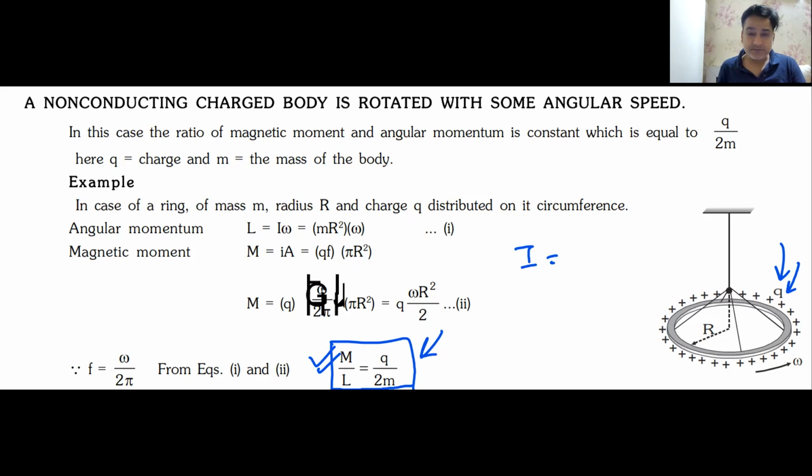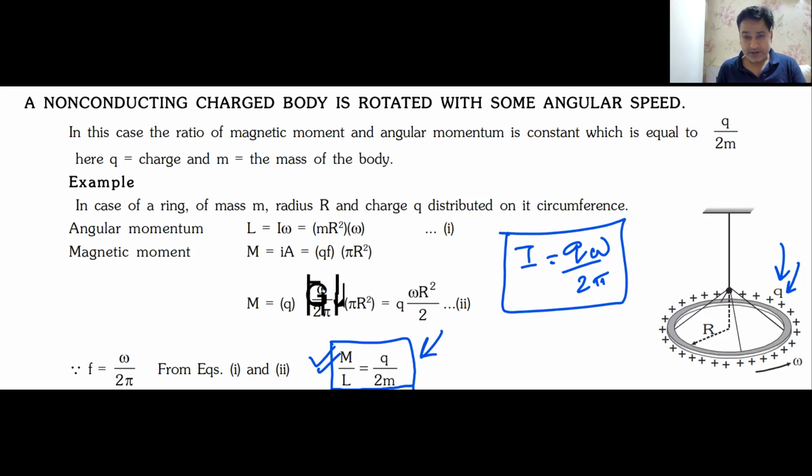Just take this example. The equivalent current will be q divided by T, which is 2 pi by omega. Yes or no? This is how we found out the orbital current for an electron.